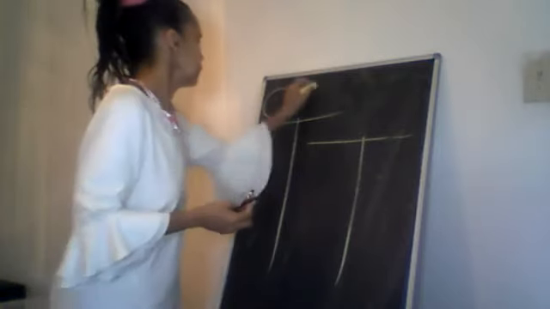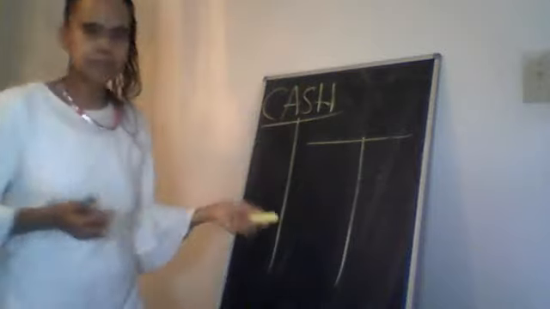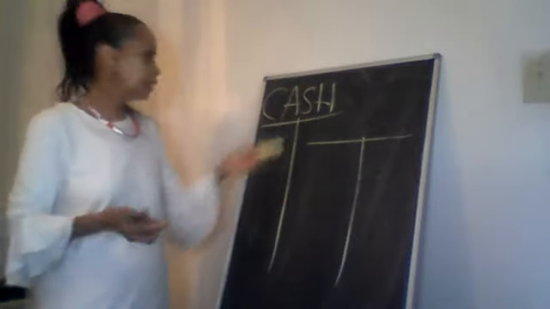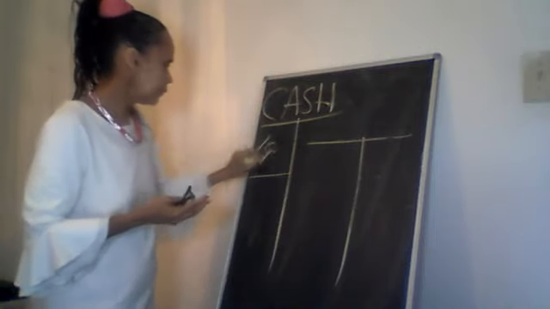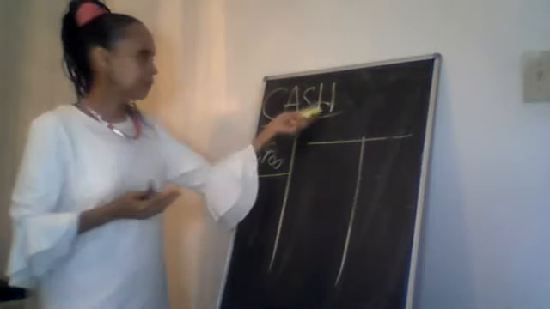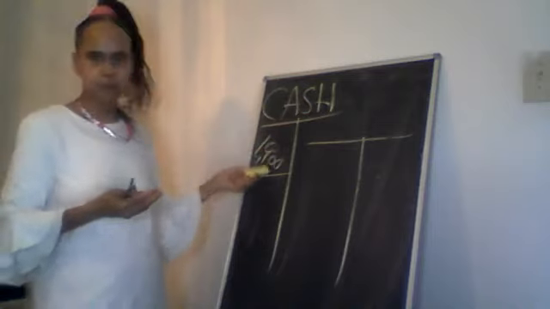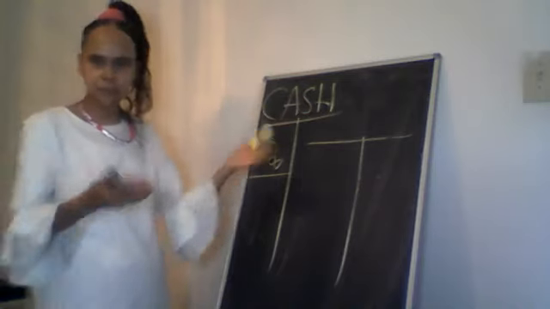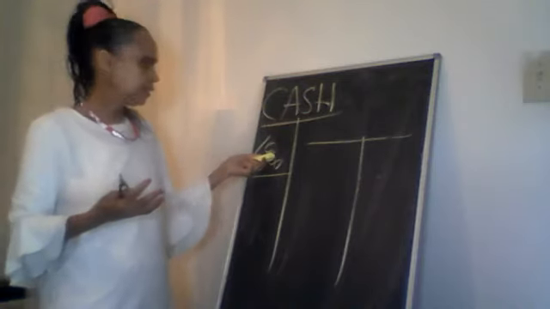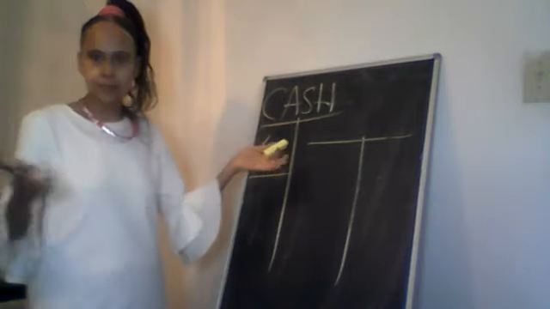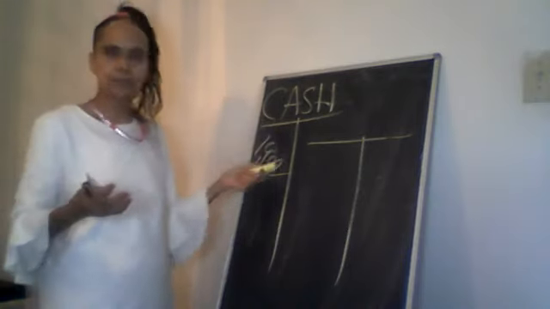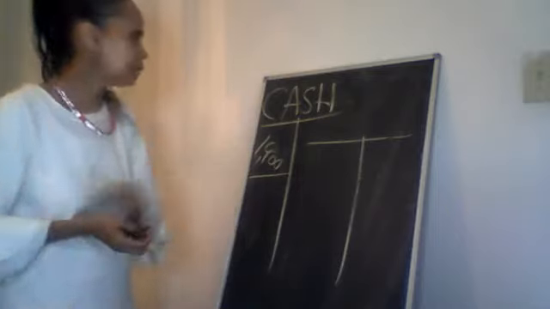So if she receives some cash, $1,900, that means $1,900 is going into her cash account. Cash is an asset account. I want to debit on the left for increase. She received $1,900 for locating apartments for clients.